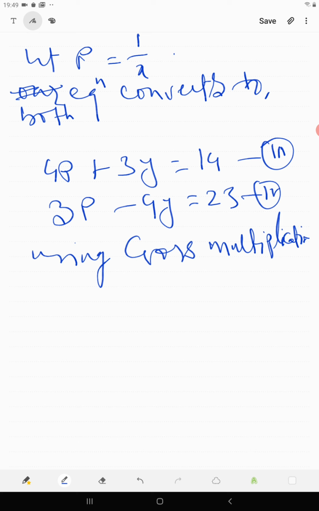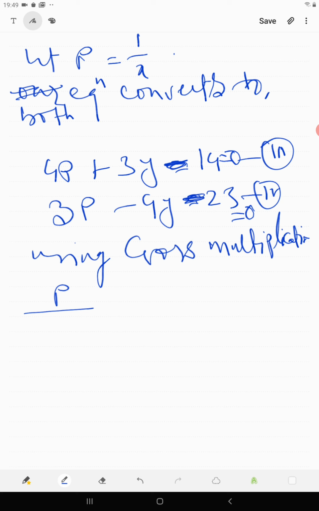So using the cross multiplication method, what we will get is p divided by, of course, I will bring the constants to the left. You can do it in the next lines also. 4p plus 3y minus 14 equals 0, and 3p minus 4y minus 23 equals 0. It was 14 on the right, so I bring it to the left and it becomes minus.